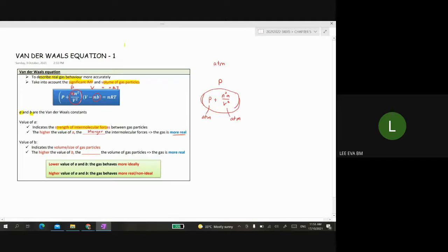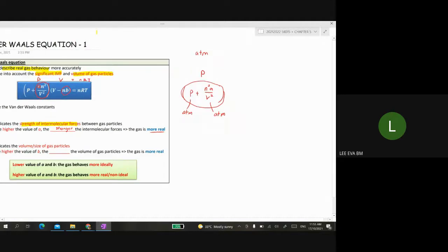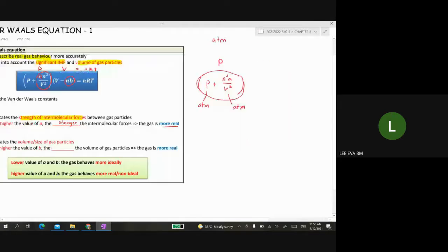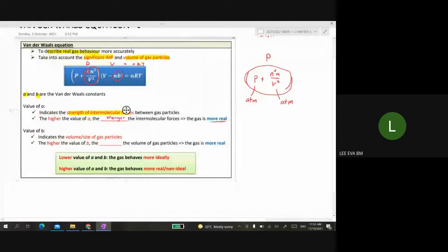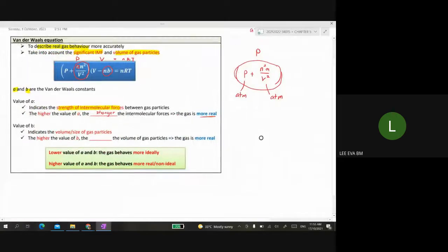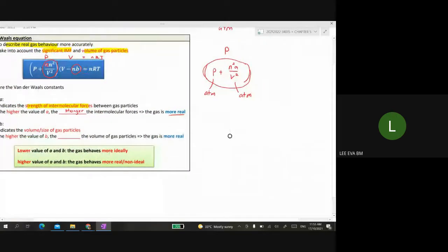So let's just see what is the constant A's unit. If we want to do the derivation, you can also note it down at the side, to find the unit for A. So in order to find the unit of A, we just make an equation.